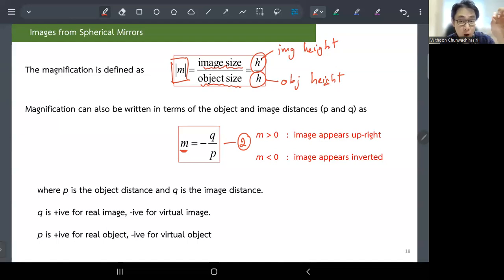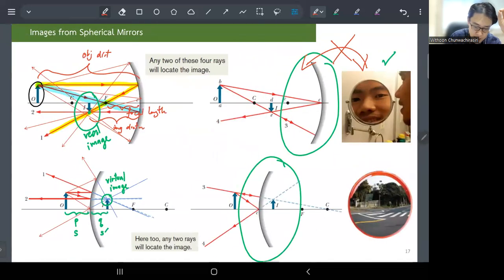And the sign will help you determine, is it going to be an upright or inverted image? See this? The image that you see over here is not only smaller in size, but it's inverted, upside down. So that means with the M equation, along with the sign, you will be able to tell at the end if the final image is upright or inverted.